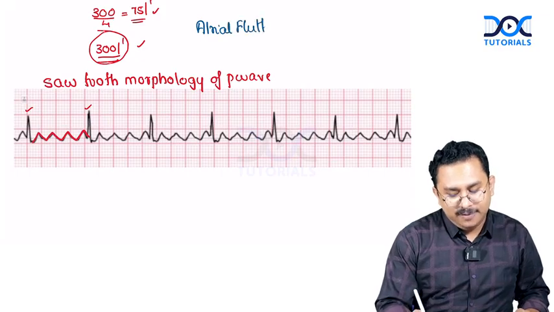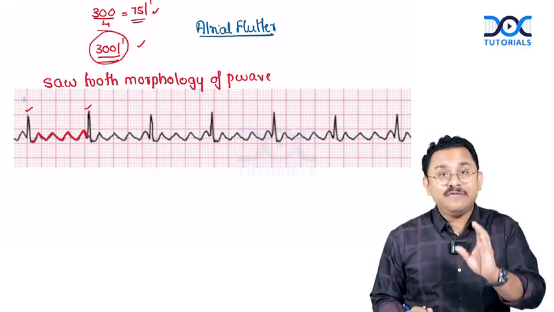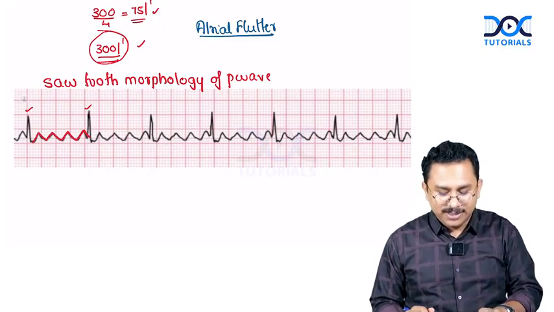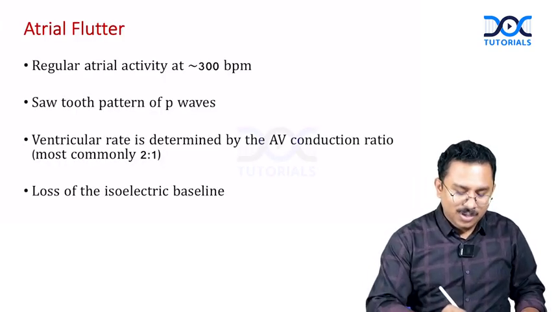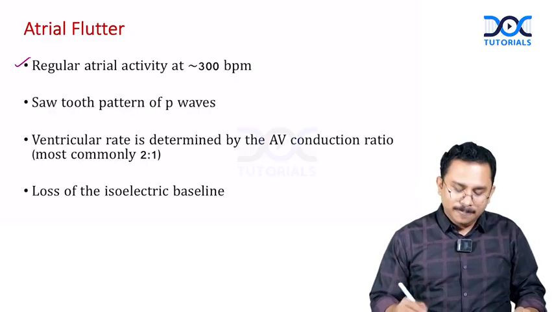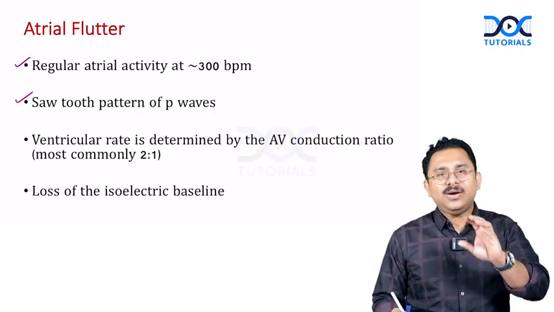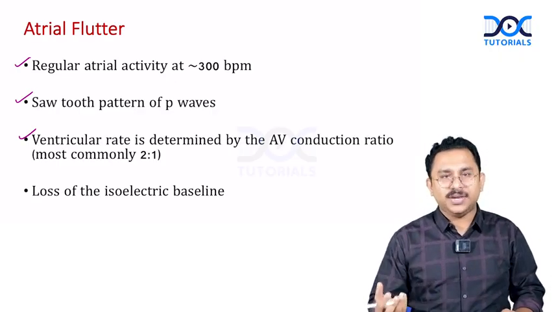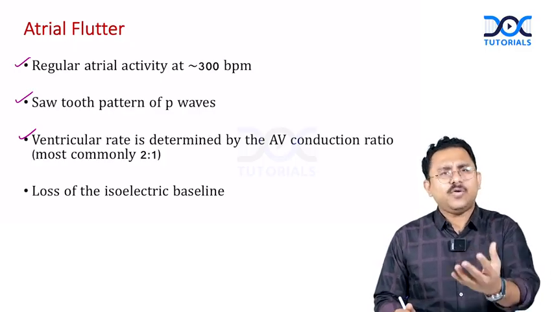And atrial flutter is often associated with AV block. Okay, AV block. So let us see what is an atrial flutter. In atrial flutter, you are likely to have a regular atrial activity at around 300 beats per minute with a sawtooth pattern of P wave, and the ventricular rate is often decided by the AV conduction ratio, which might be 2:1, 3:1 or 4:1.